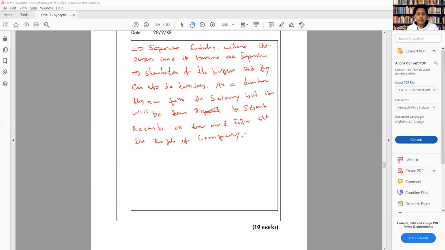So as directors, they have to submit the accounts and all this legal requirement on time to HMRC or Companies House.